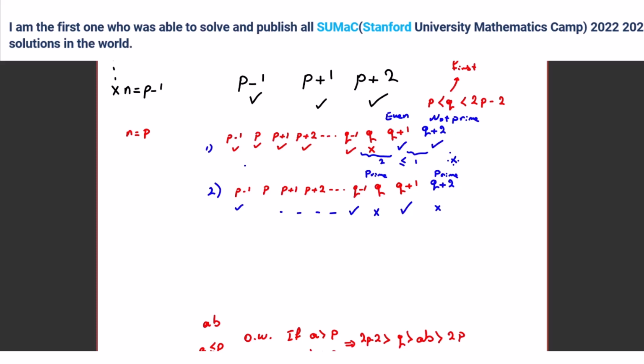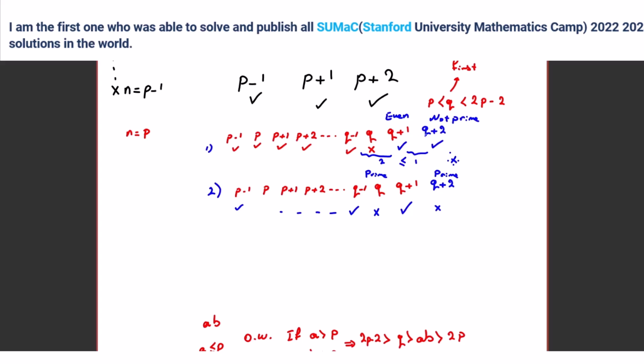I'll try. So q is prime. Also q plus 2 is prime, because if q plus 2 is not prime, then it is a composite number, and you can write it as, for example, a times b, and both of them are less than or equal to p, so it will be a divisor, right? But here q plus 2 is not going to be a divisor.